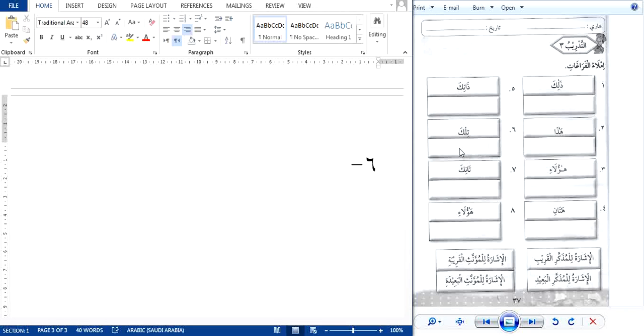Okay. And then رقم 6, تلك. تلك also اسم الإشارة. اسم الإشارة لماذا؟ اسم الإشارة للمؤنث. تلك مؤنث؟ نعم نعم للمؤنث. للمؤنث ماذا؟ للمؤنث البعيد. Okay, for far.